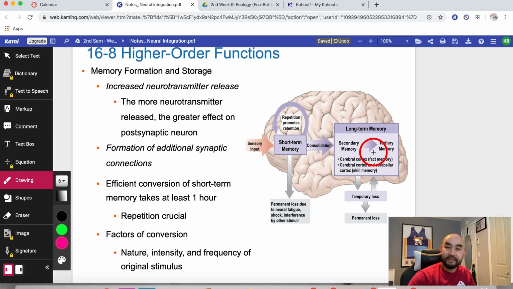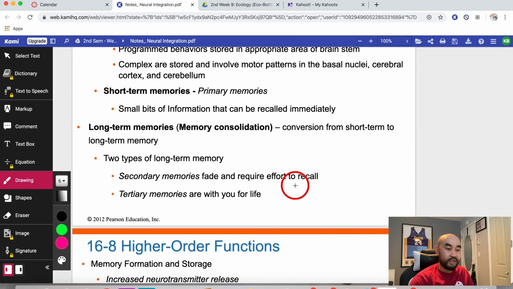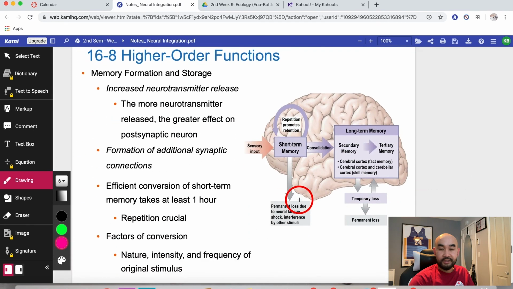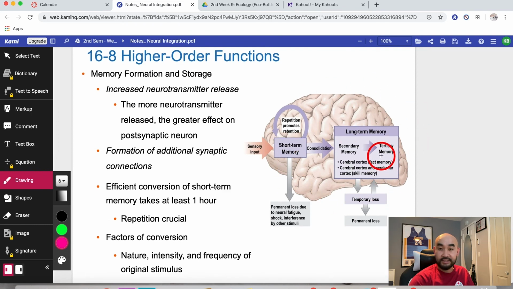You can recall it. And if you do it long enough, it becomes tertiary memory, which is your permanent memory, where you remember for life, right? For example, if you learn this lesson and practice, you will get to a point where it becomes secondary memory. You recall it on the test. And then if you do it again, it becomes tertiary memory.